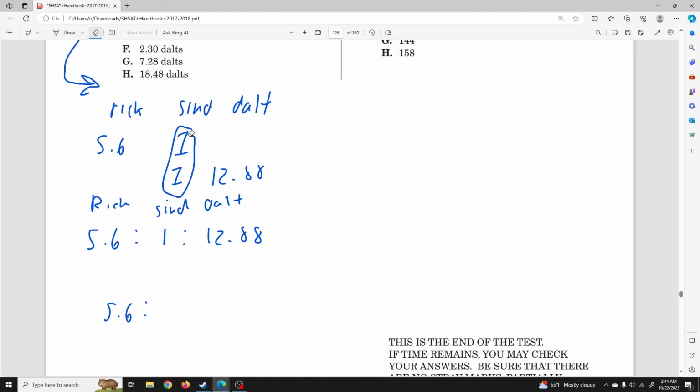Those two ratios have to be true, the same way that these two are true, and the same way that these two are true. So all I'm doing is I know that the ratio from this to this is the same thing. I'm just writing it without the 1, right? So we know that 5.6 Ricks is equal to 12.88 Dalts, right?